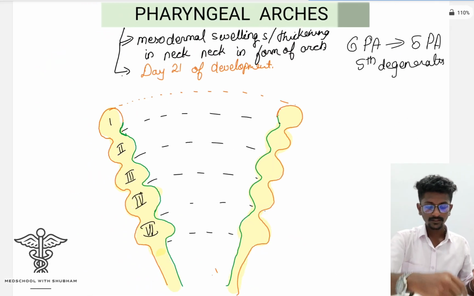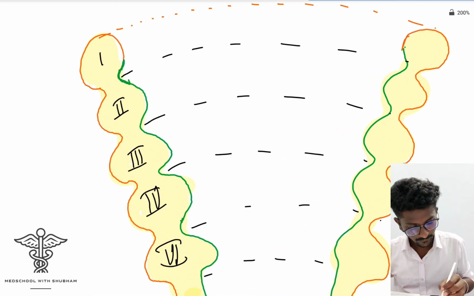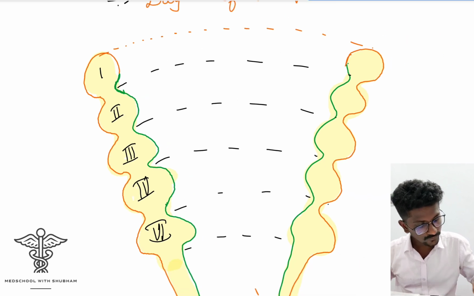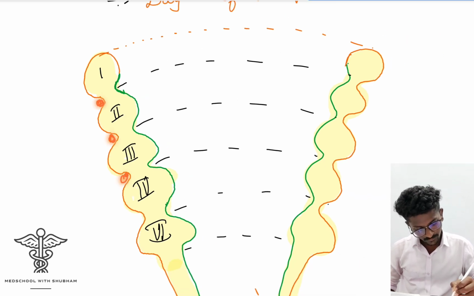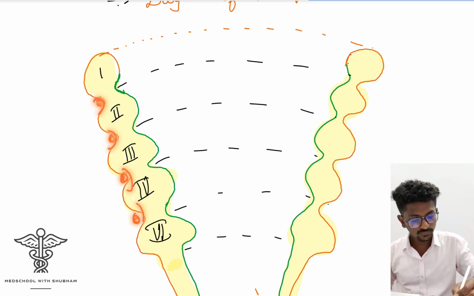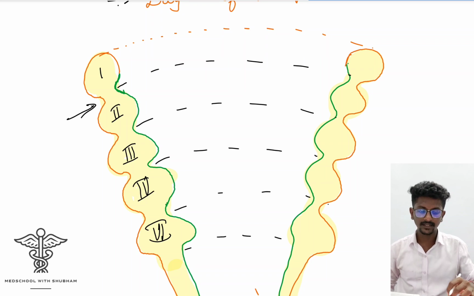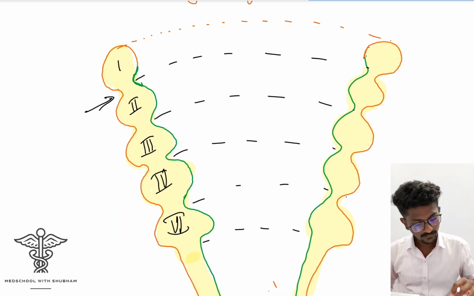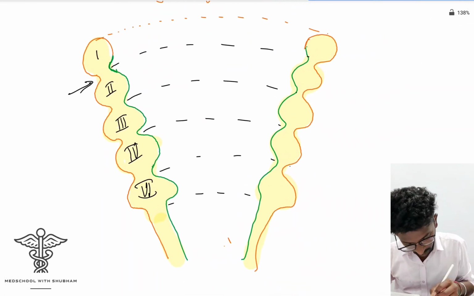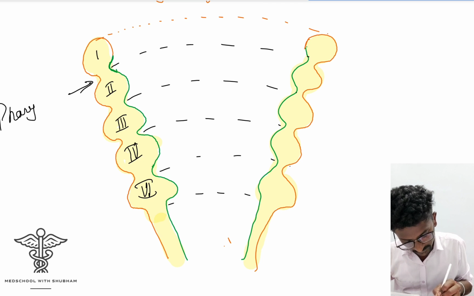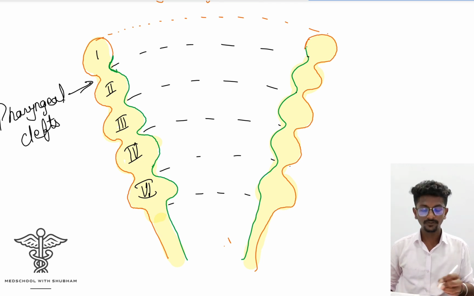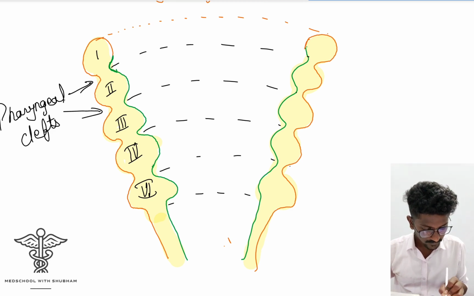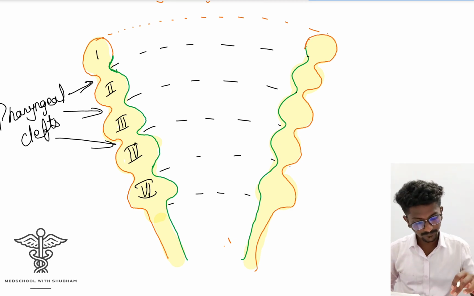Okay. One more thing, on this side you can see small ingoing C-shaped things inside. These are called pharyngeal clefts.